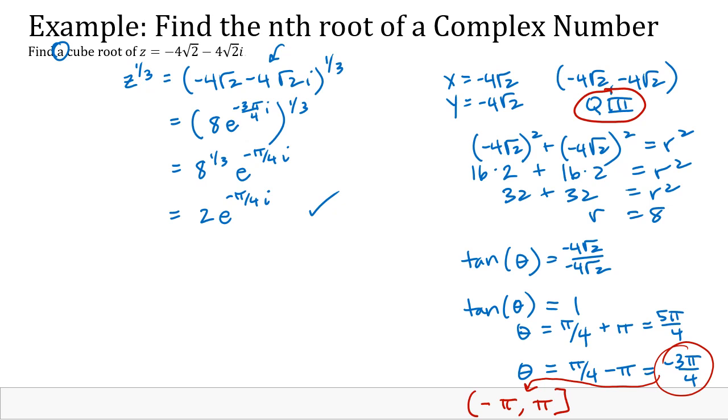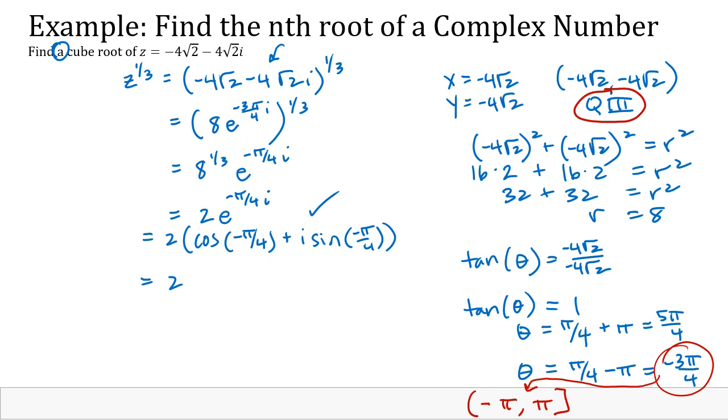Now, I put a check mark there, but we know I'm going to keep going because the original problem was given to me in rectangular form. I want it to end in rectangular form. So I'm going to write 2 times the cosine of negative pi over 4 plus, I'm going to remember that i this time, i times the sine of negative pi over 4. All right, and so let's see, cosine of negative pi over 4, what is that?